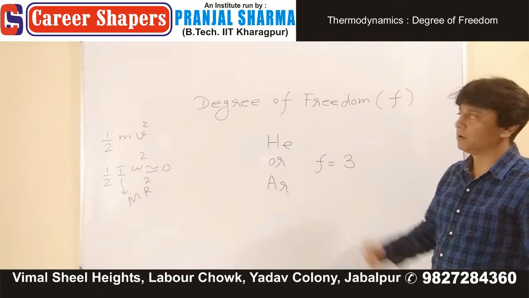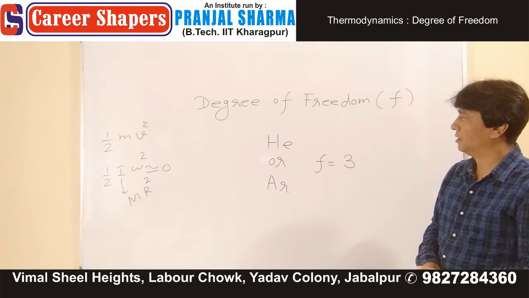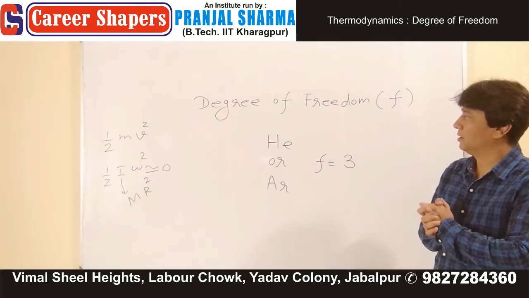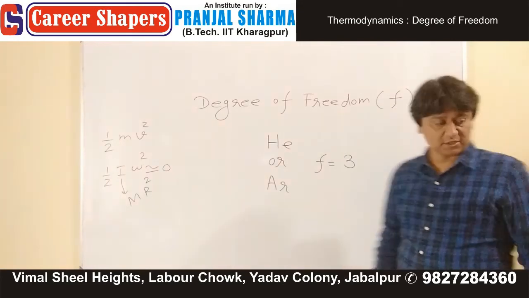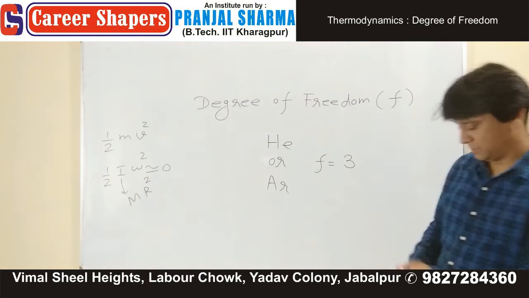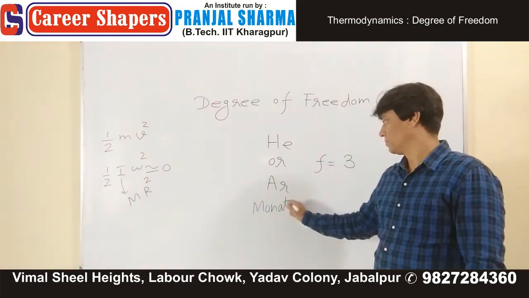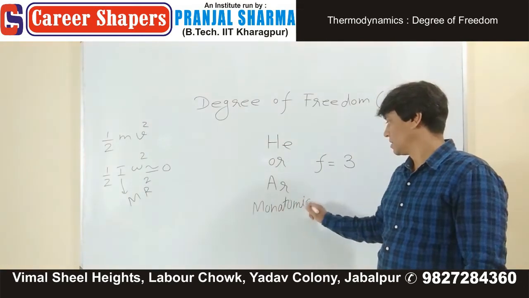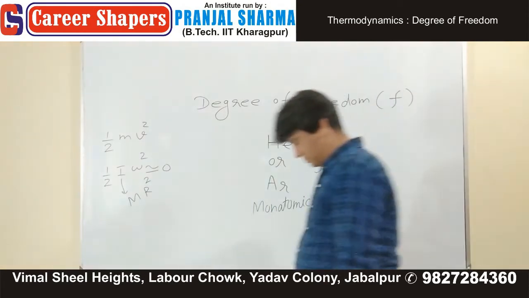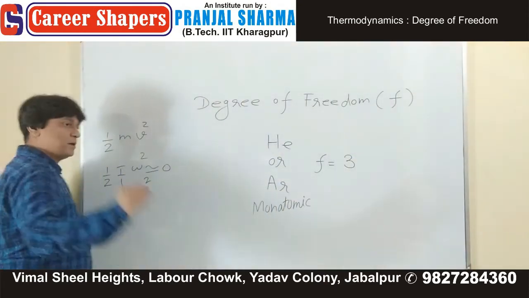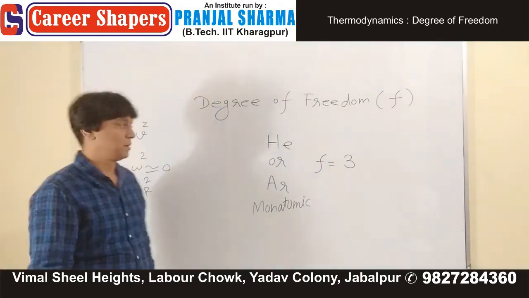It's called degree of freedom. For a monatomic gas molecule, inside the bracket, a point mass.